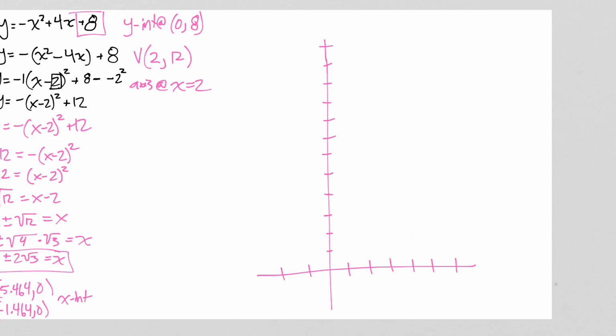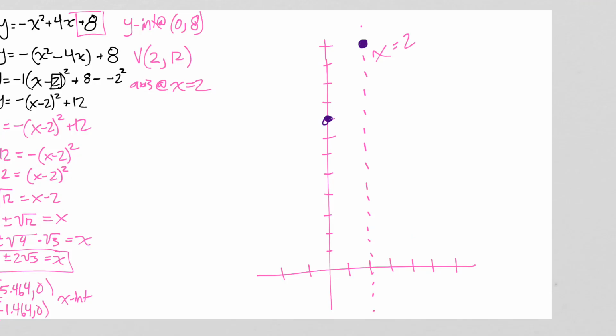All right, axis of symmetry is at 2, so we can sketch that in, going up and down a little bit. That's our axis of symmetry at x equals 2. And let's plot some points. Vertex is at (2, 12), so that is right there. Y-intercept was at (0, 8), so that's 1, 2, 3, down 4, should be right there.